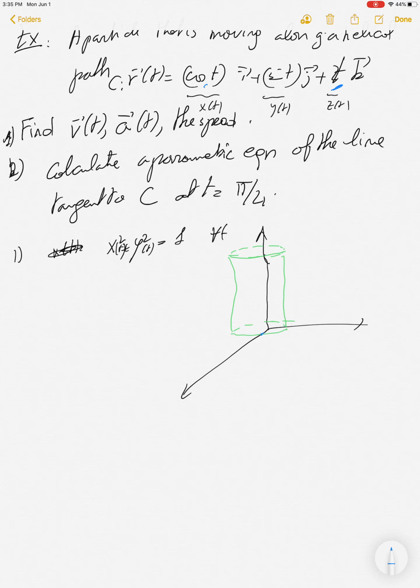And then as t increases, I'm still on the cylinder, but my z coordinate will increase. So I'm moving something like this. And this is called the helical path.